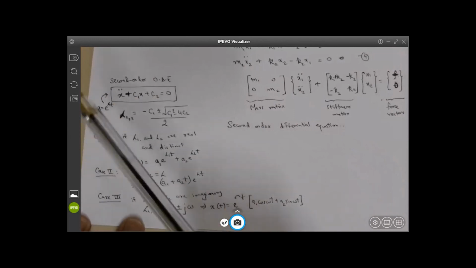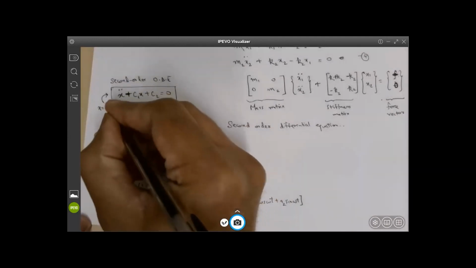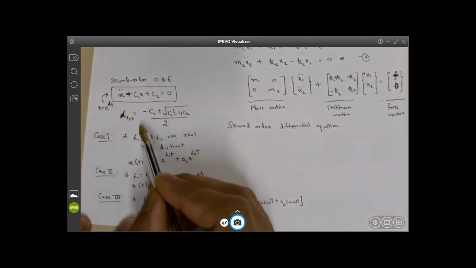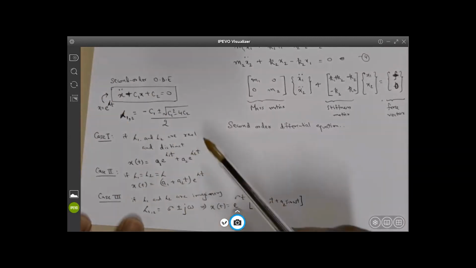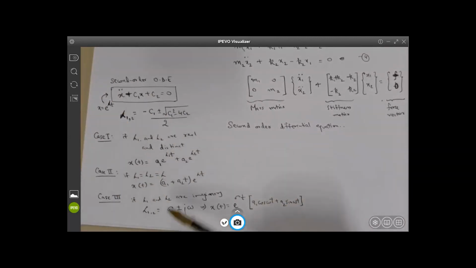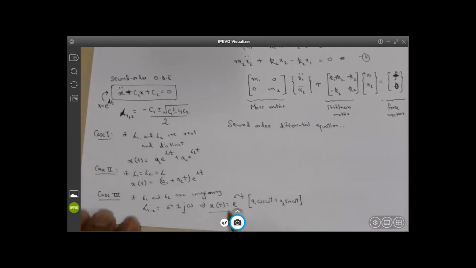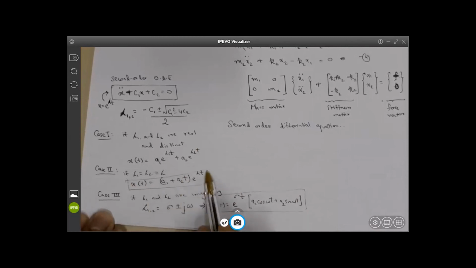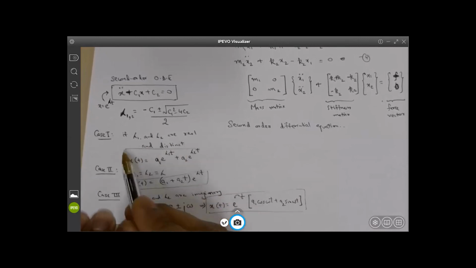If you substitute x equals e to the lambda t, you end up with a quadratic equation in lambda, and depending on whether the roots are real and distinct, the same, or imaginary, you get the solution. In each case there are two unknown constants, a1 and a2, that need to be determined using the initial values.